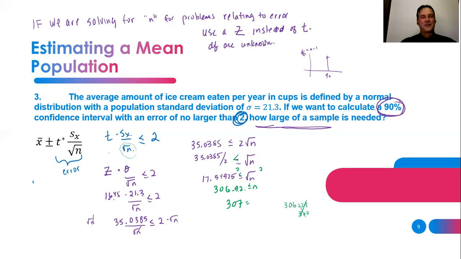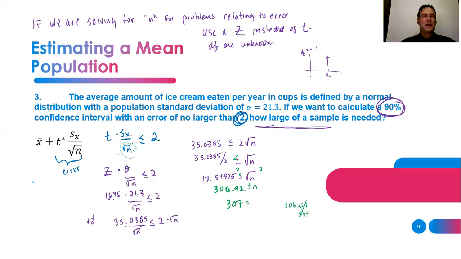We can't have anything smaller than 306.92. If it did get smaller, then the entire error gets bigger. Remember, when your denominator gets smaller, it makes this fraction larger, which means it's going to grow bigger than 2. This 306.92 is pretty much exactly 2.